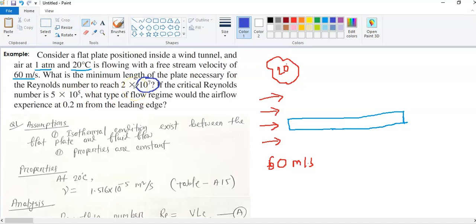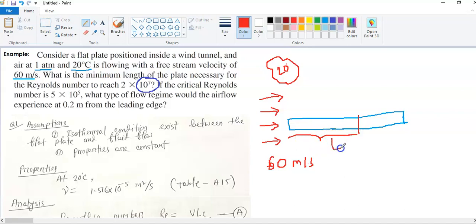So let's say this is the flat plate, and let's say the Reynolds number will be 2 × 10 to the power 7 here, at this position. So that means, according to the first part of the question, we need to calculate the length.